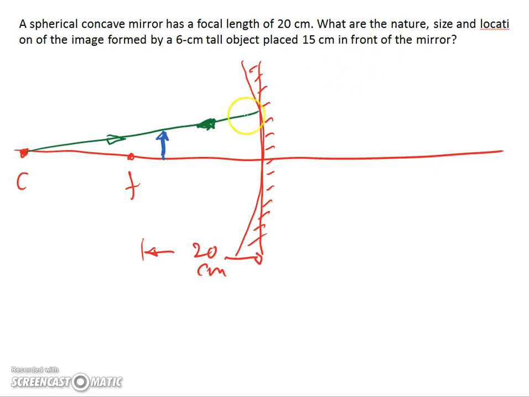Okay, so it will appear as if it originated behind the mirror. Secondly, we can draw a ray which is parallel to the optic axis, and such a ray will be reflected back through the focus.